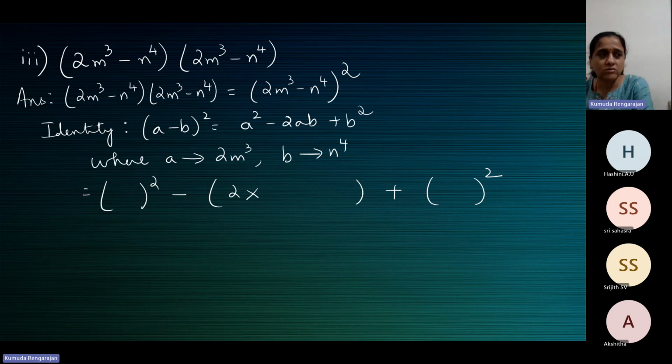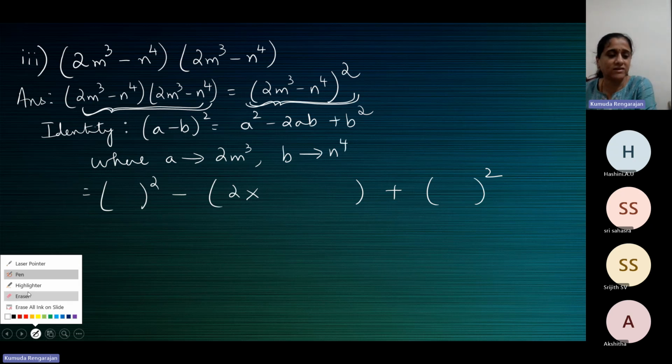You're not listening to me, all of you. See, this is the question. You can write the question itself like this: A minus B into A minus B is A minus B the whole square. Now the identity: A minus B the whole square is equal to A squared minus 2AB plus B squared, right? Which part of the identity is like the question?